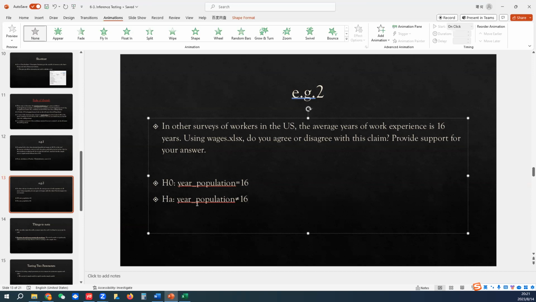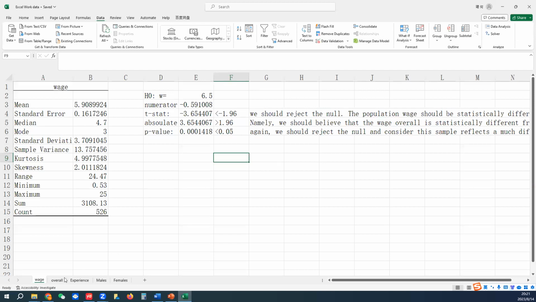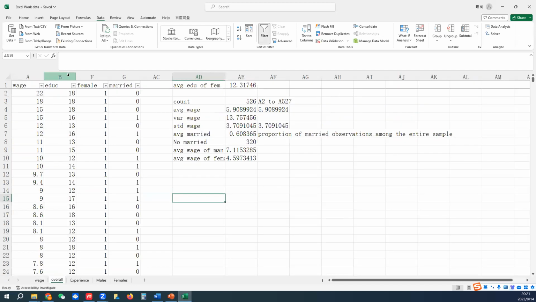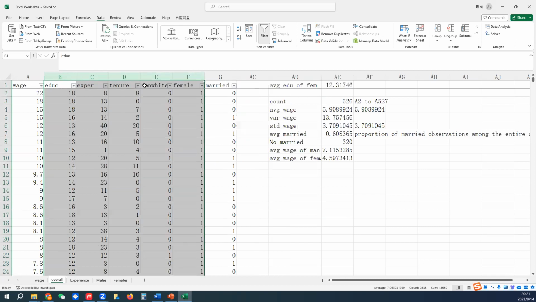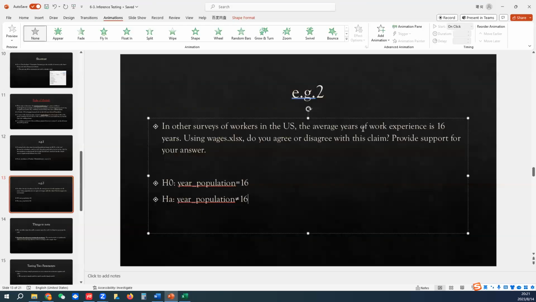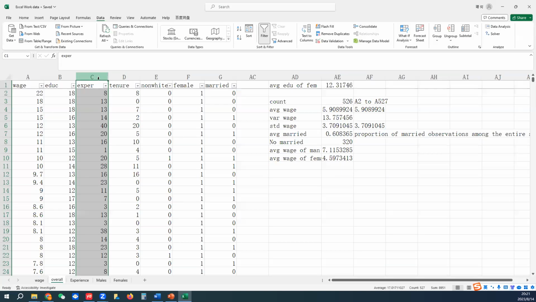Okay, so then we're talking about years. Here I should unhide, that's somewhere in here. Years of experience, right? Let's do experience. EXP means experience. So that is actually this one.